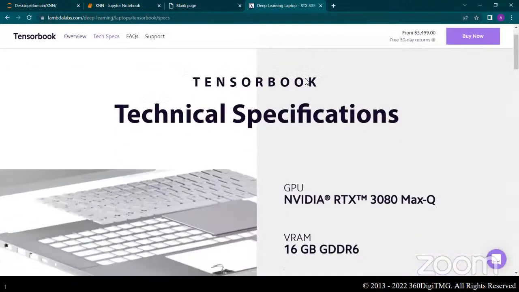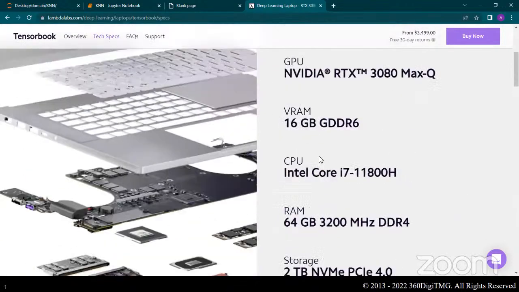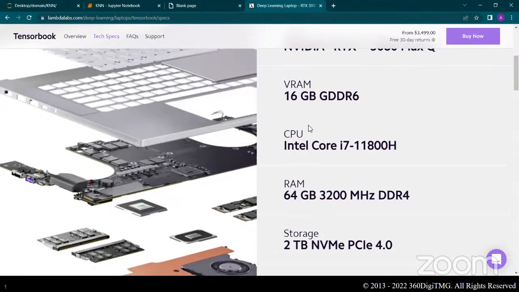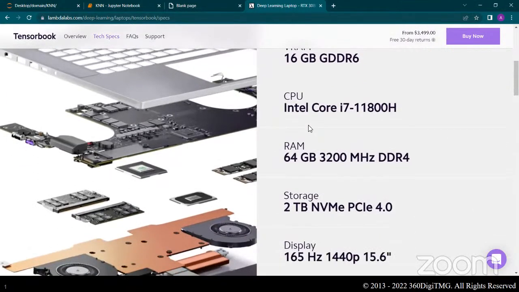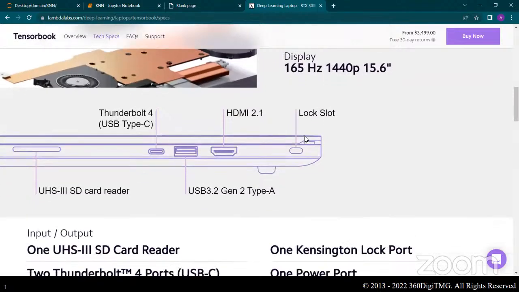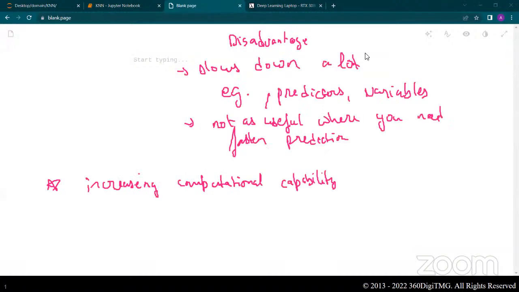That is around 3 lakhs. So you get the latest NVIDIA RTX, you get the virtual RAM, a high-end i7 Intel, the RAM, and the storage, 2 terabytes of SSD. So now you can build whatever you want for your KNN.